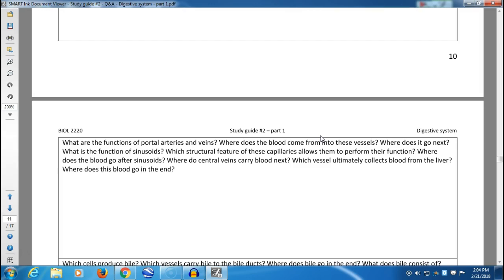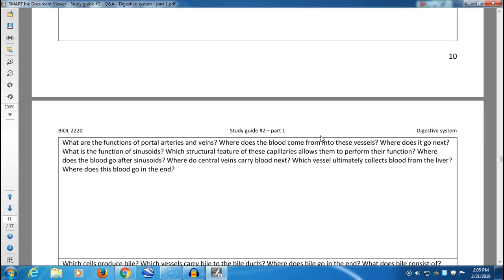They're very permeable. Blood in the sinusoids comes from portal arteries and surprisingly veins. Okay? This blood mixes and goes to the central vein in the center of the lobule, which then those veins, they get bigger, eventually get into the hepatic vein, gets into the vena cava.